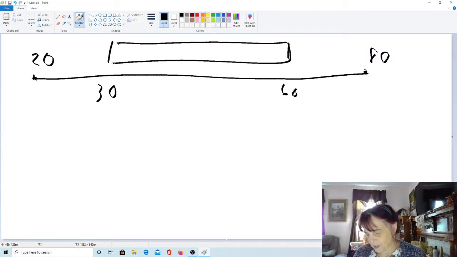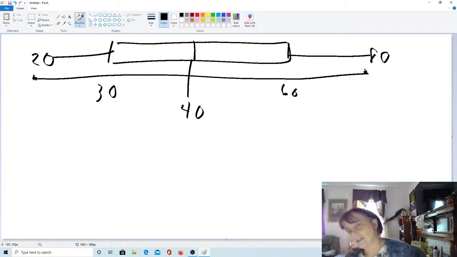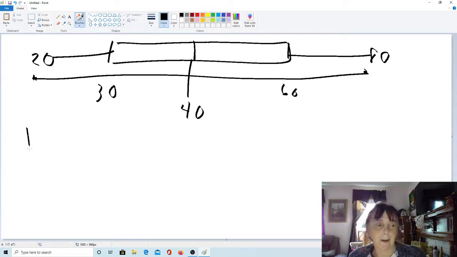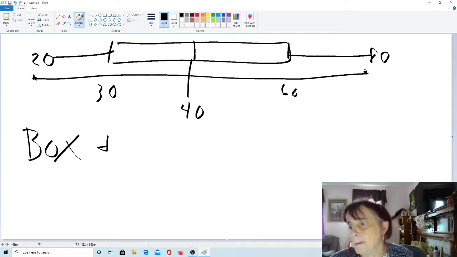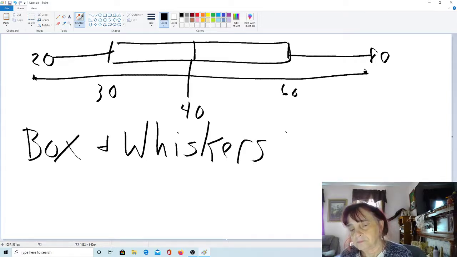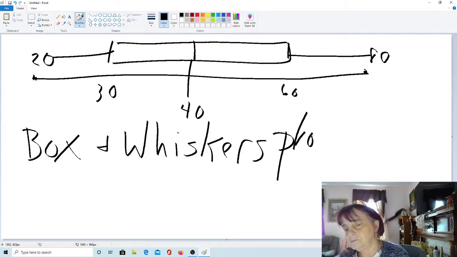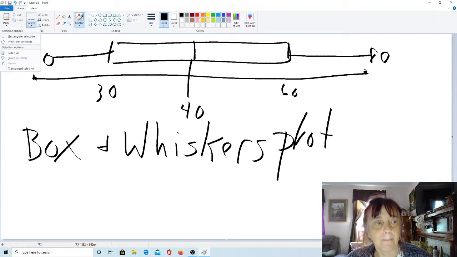And the median is 40. Okay, so you draw a line there and connect your dots. That's called a box and whisker plot. Okay, so that's how you do a box and whisker plot.